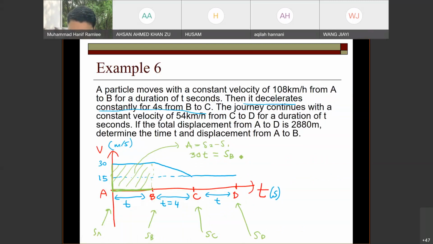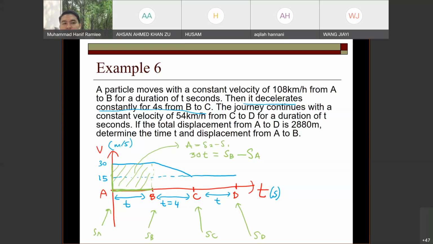So S2 is SB, minus S1. S1 is SE. So this is your first equation.